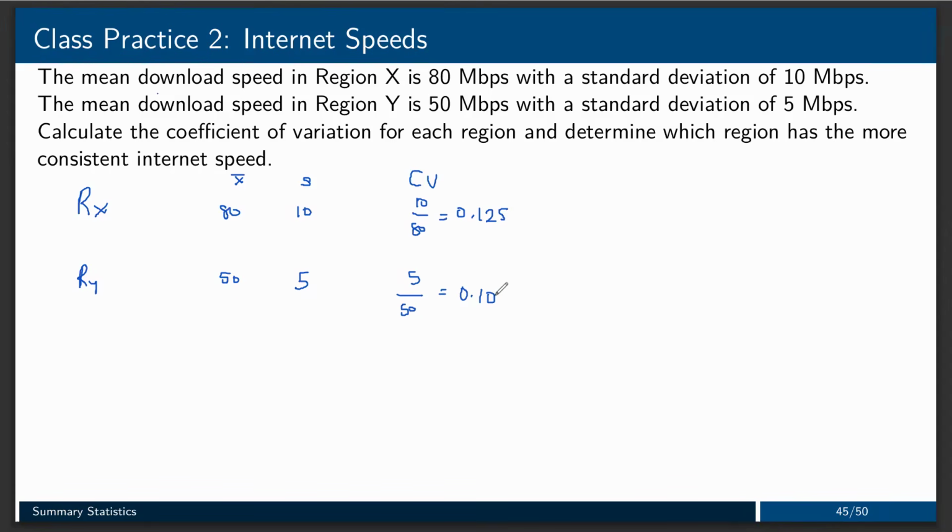So we see that 0.10 is less than 0.125. Therefore, because region Y has a lower coefficient of variation, we say that region Y is more consistent.